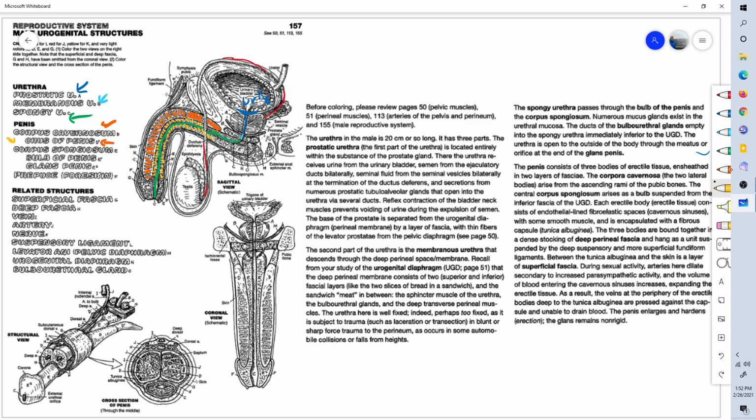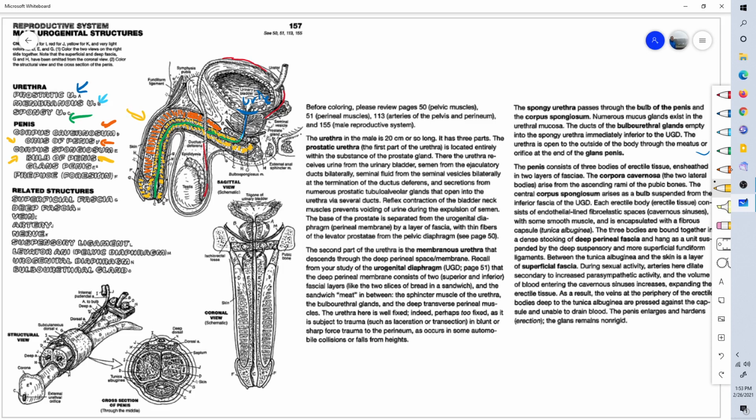Now, there are parts of the corpus spongiosum: the bulb of the penis, which is back here, still part of the corpus spongiosum, and then the glans of the penis. They're named differently because of their structure and position.